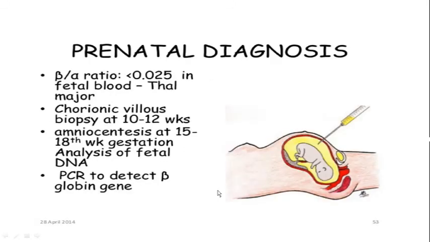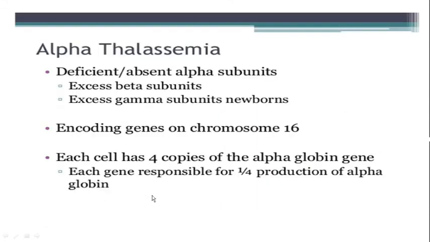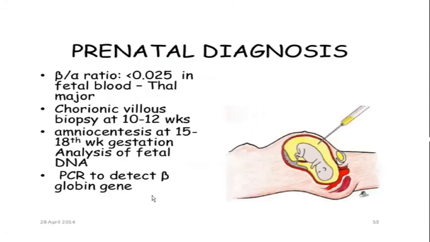Prenatal diagnosis can be through fetal blood or chorionic villus sampling by 10 to 12 weeks, or amniocentesis by 15 to 18 weeks, and analysis of fetal DNA or PCR to detect beta globin genes can be done. So prevention is better than cure.